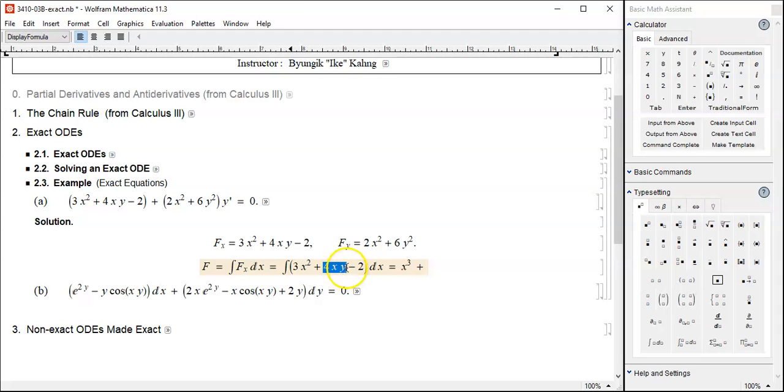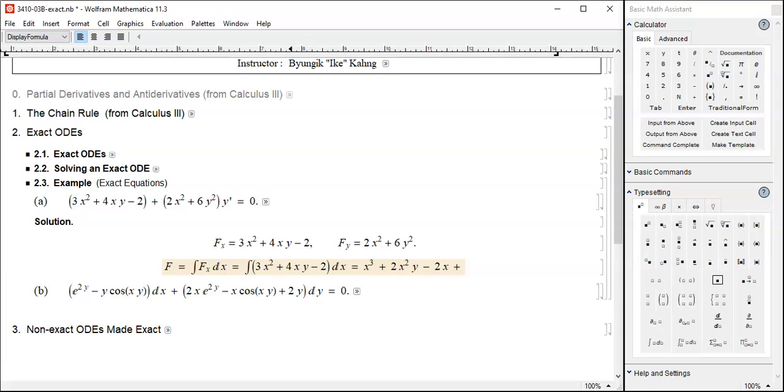Y is just coefficient. Variable here is just x only. So it is 2x squared y. Does it make sense? Take the partial derivative and then 4x and then y stays because it's coefficient. And finally minus 2x because x is a variable.